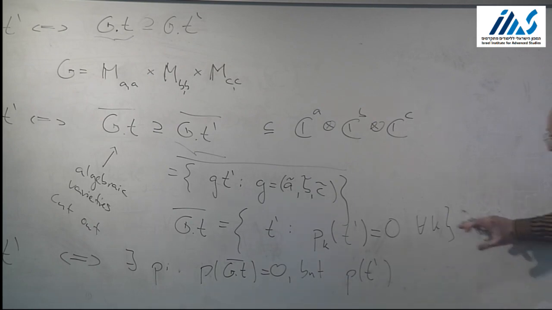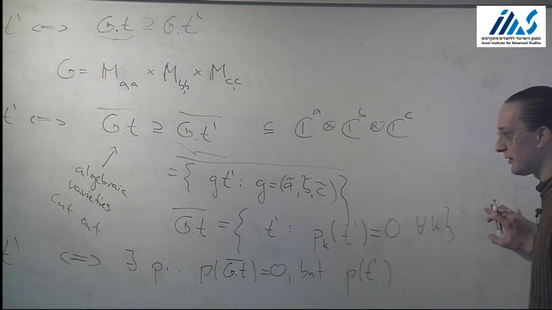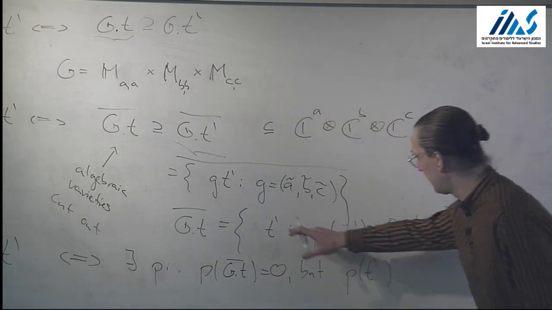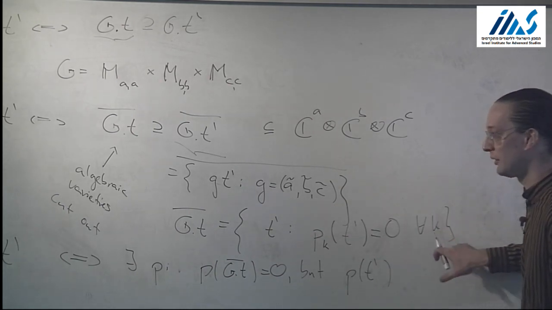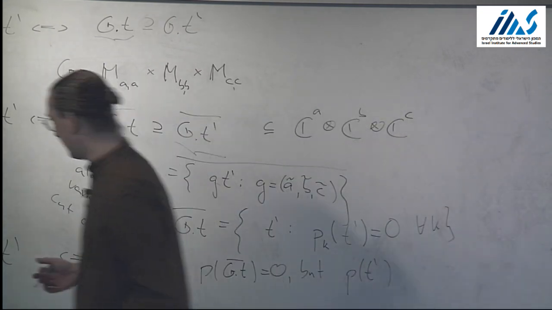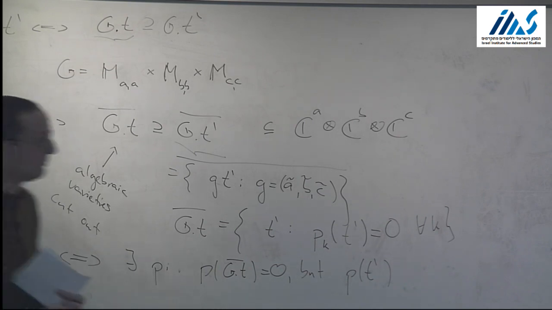It's cut out by this, so if you're outside, you can find a polynomial that doesn't vanish on that point outside, but belongs to the set of polynomials here. And that's kind of nice. Now, if you want to show that T prime doesn't restrict, then you just find this polynomial. So that's what we're going to do.